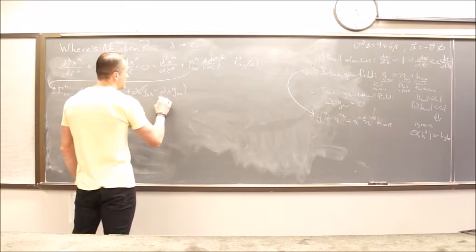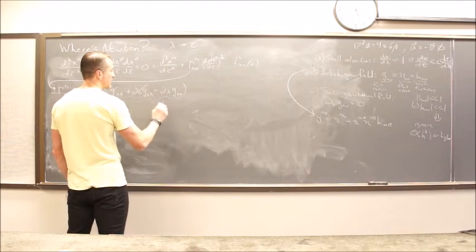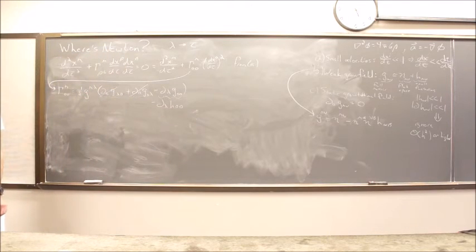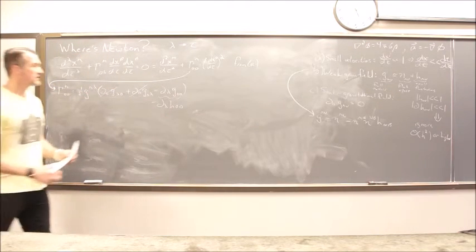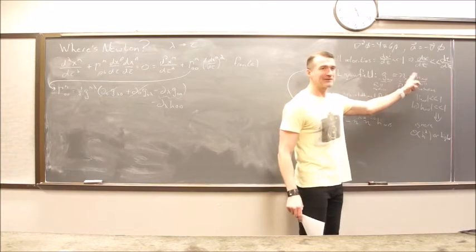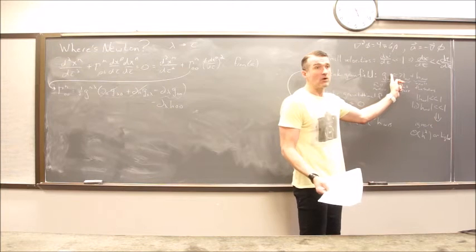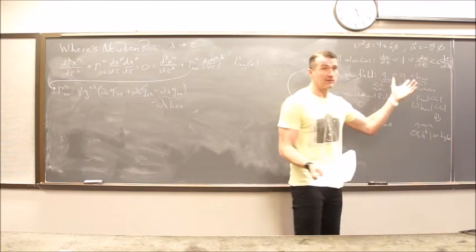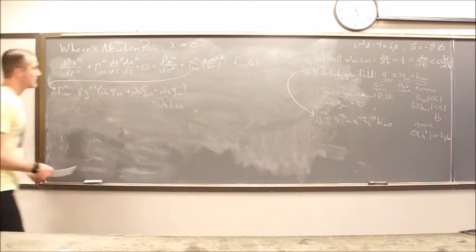This guy I can actually replace with minus d lambda h00, because g00 would be eta 00 plus h00, but eta 00 is a constant. It's minus 1. The derivative is going to vanish. So the derivative of g00 is really just the derivative of h00. Okay?